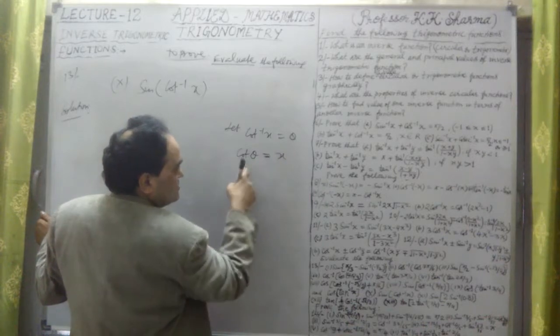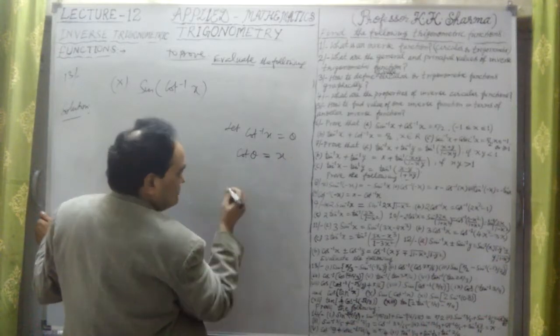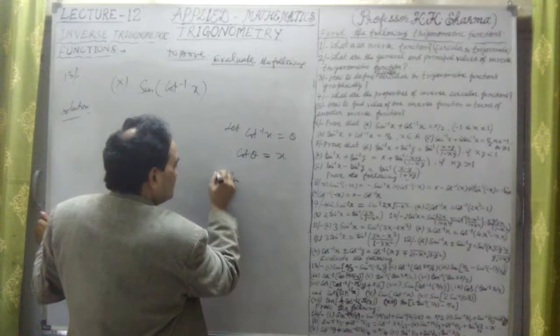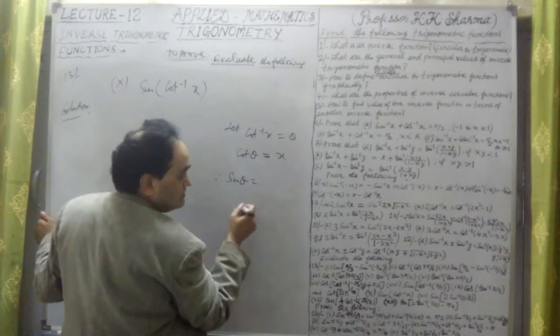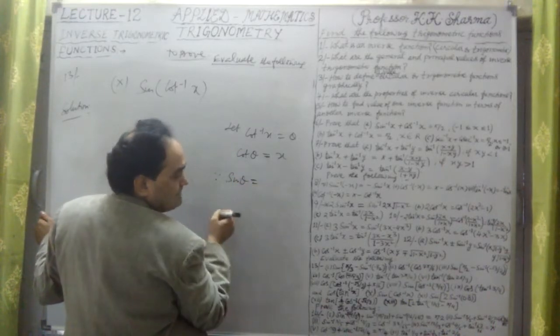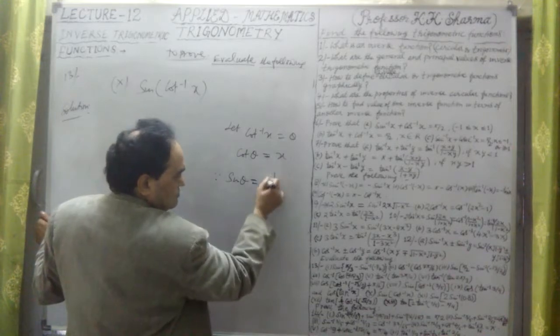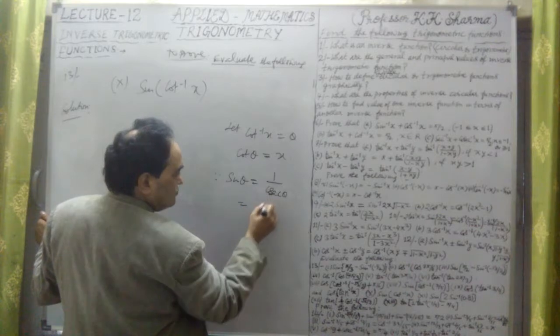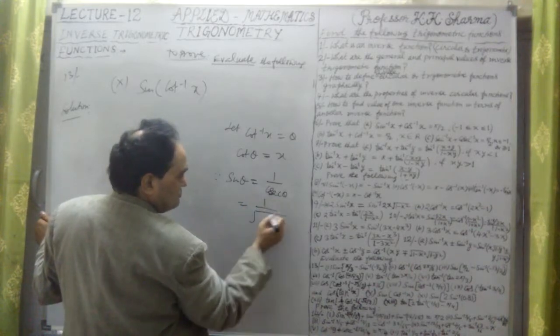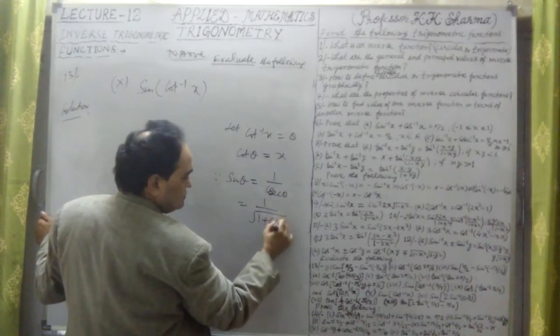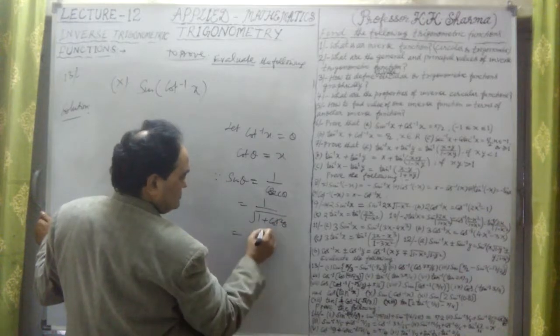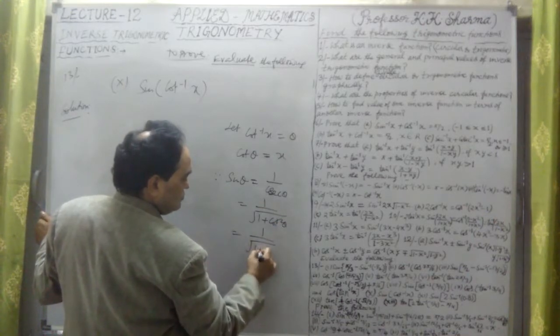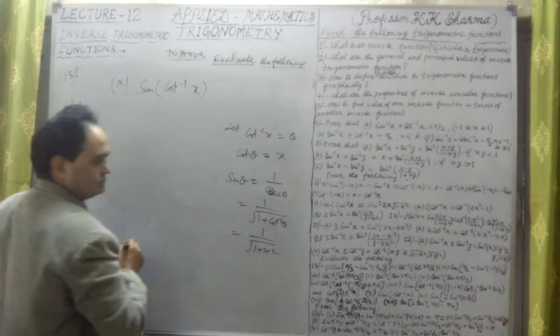Again, if I write it in terms of sine, then what is the sine value? Sin theta in terms of cot theta is 1 upon cosec theta, and cosec theta is under root 1 plus cot square theta. So sin theta is 1 upon under root 1 plus x square.